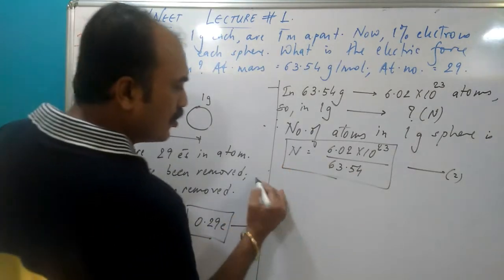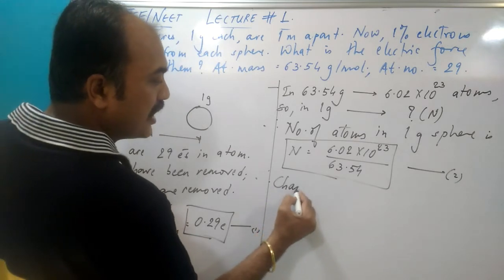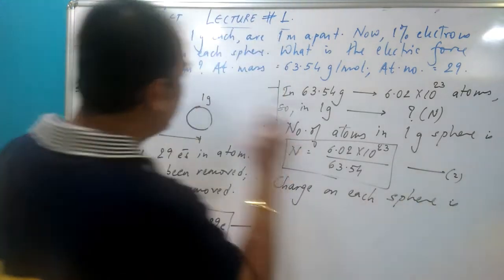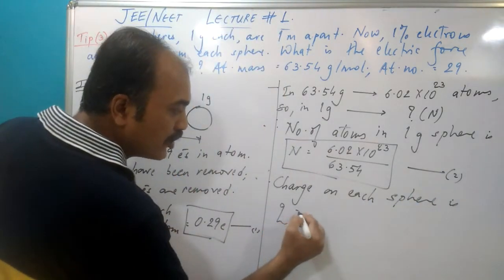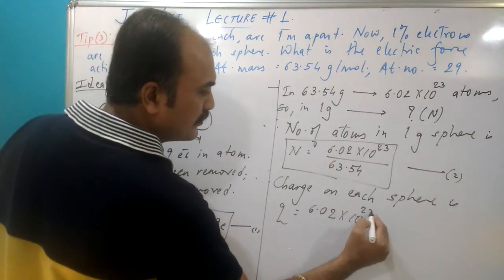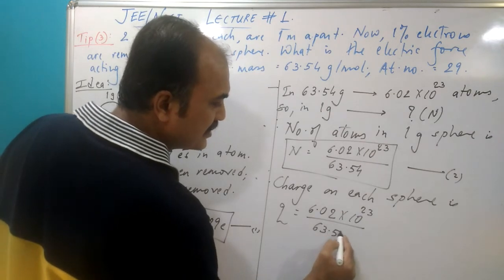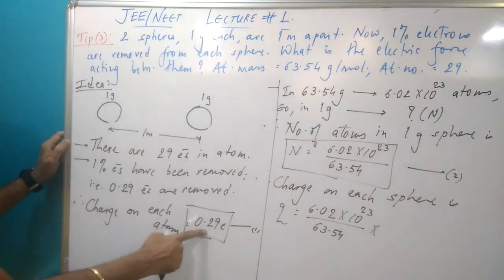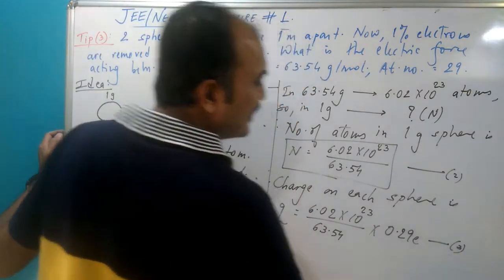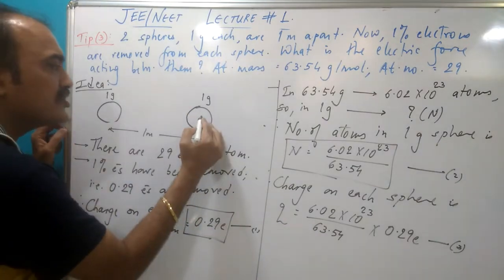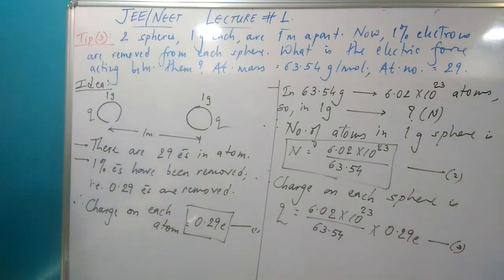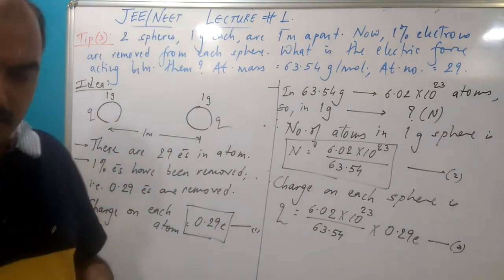N into X. So my important idea, the charge on each sphere, Q, is 6.02 into 10 raised to 23 divided by 63.54 into 0.29 e. This is my charge on each sphere. So the charge on each sphere is Q and the distance is 1 meter. Coulomb's law comes to our rescue. You know Coulomb's law? I'm sure you do.